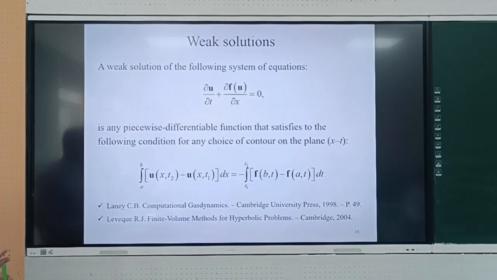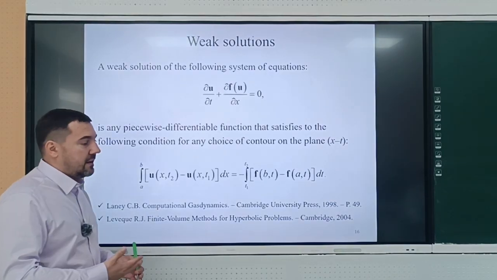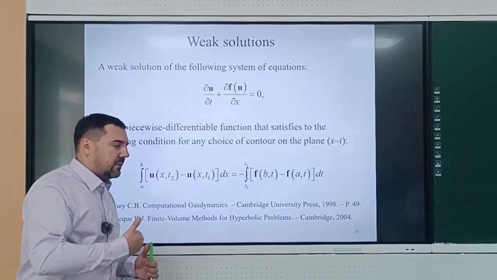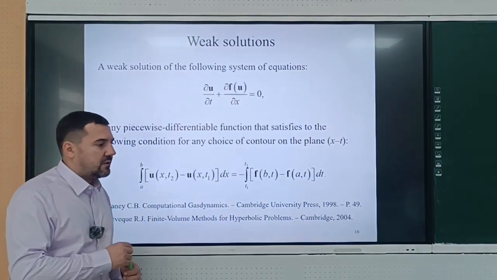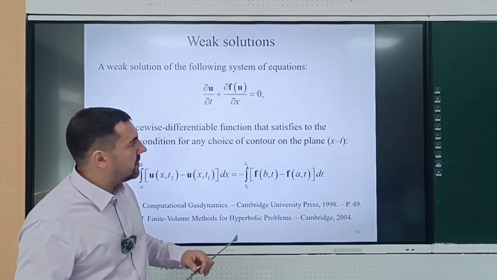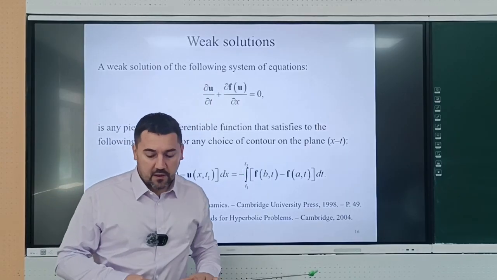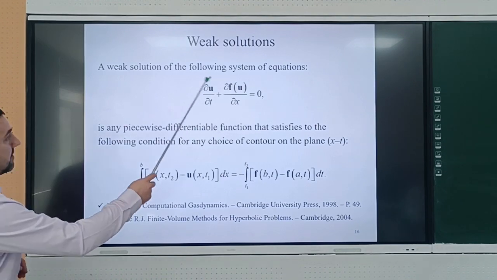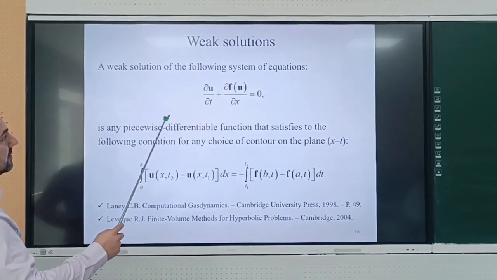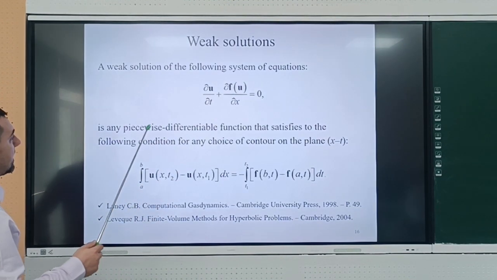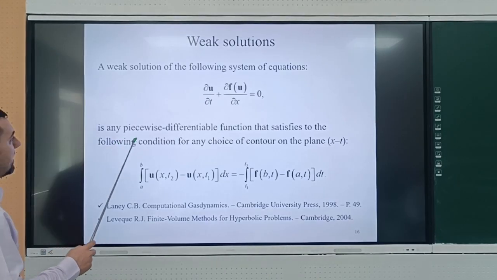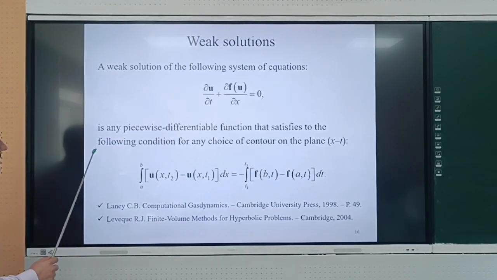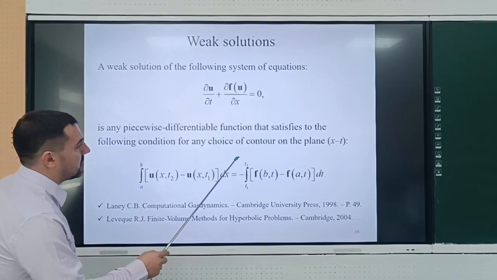But before that, let's discuss some theory. When we discussed scalar conservation laws, we introduced the concept of weak solution. So what is the weak solution? A weak solution of the nonlinear system, or first-order system of hyperbolic equations, is any piecewise differentiable function that satisfies the following condition for any choice of contour in the plane xt.